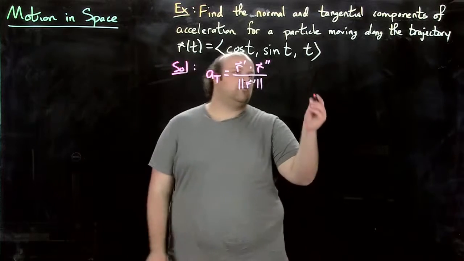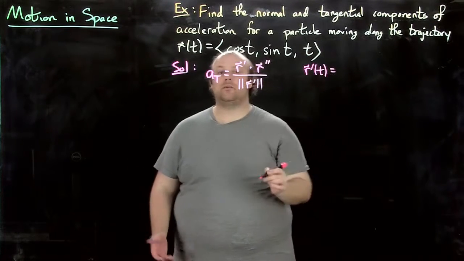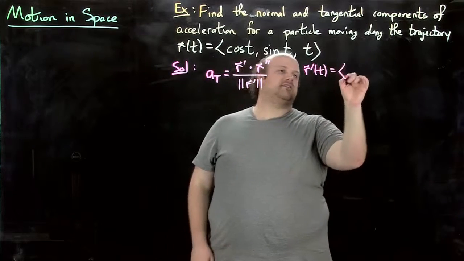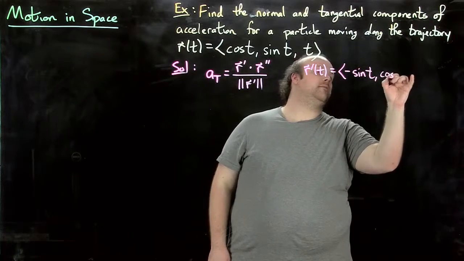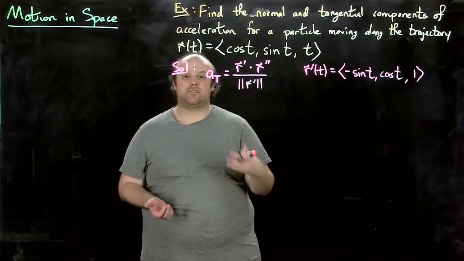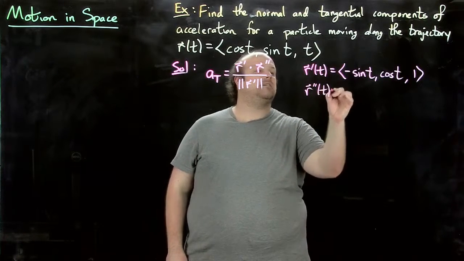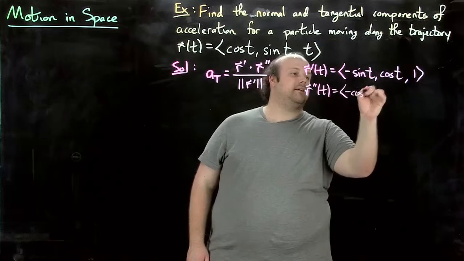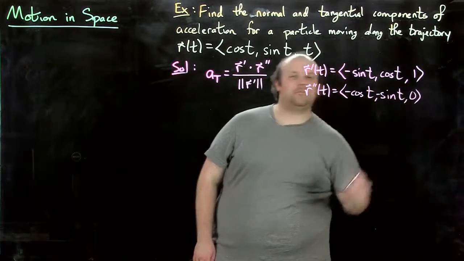So let's find out what is r prime of t. Well, this is just going to be minus sine t, cosine t, 1. Right? And let's take the derivative of that and get r double prime. R double prime of t is minus cosine t, minus sine t, 0.